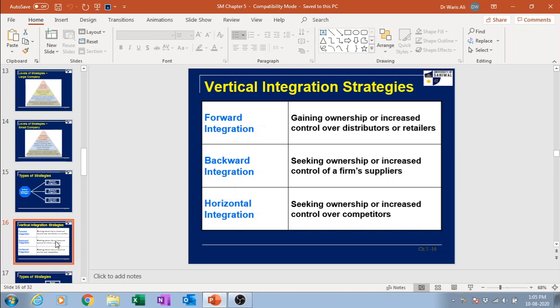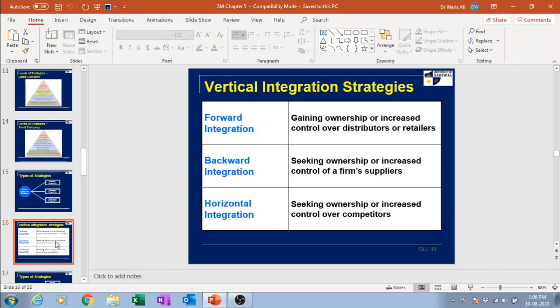But now you were previously manufacturing clothes, and now you have set up your own outlets to deliver the product to the consumers. So now it means you have moved a step forward. So this is called forward integration.